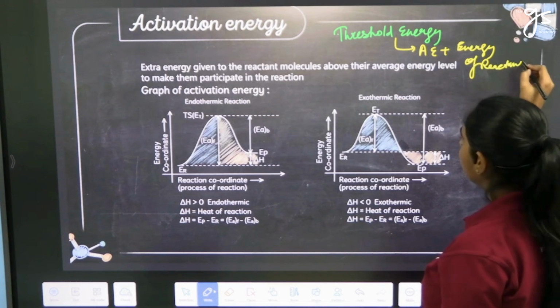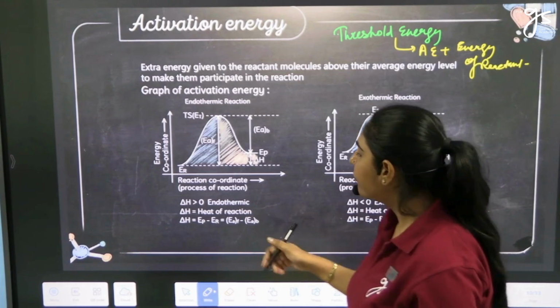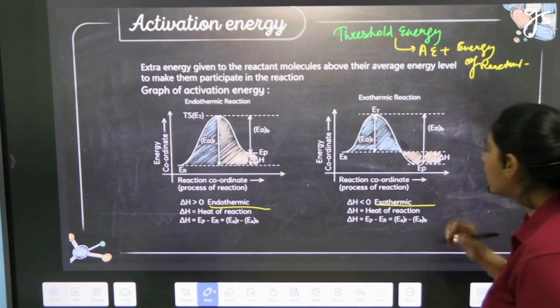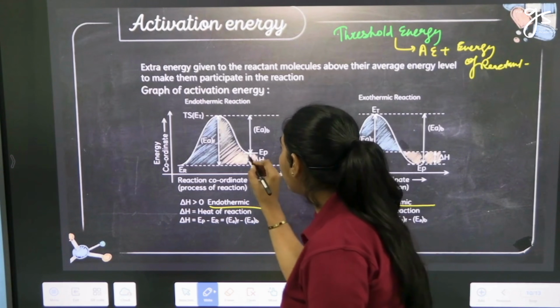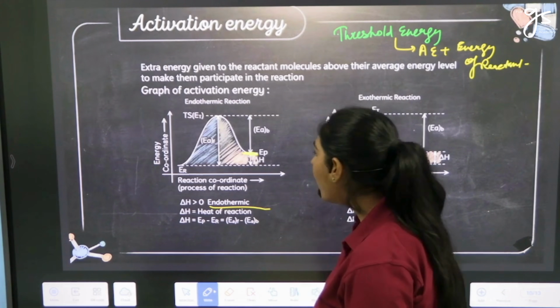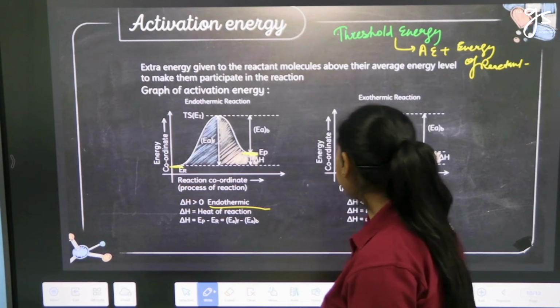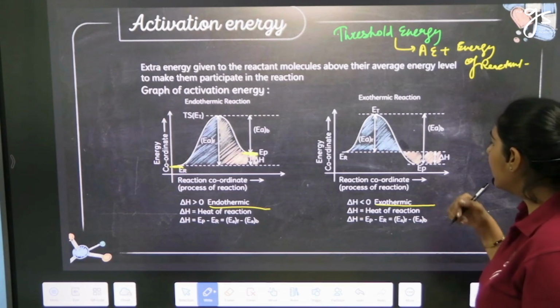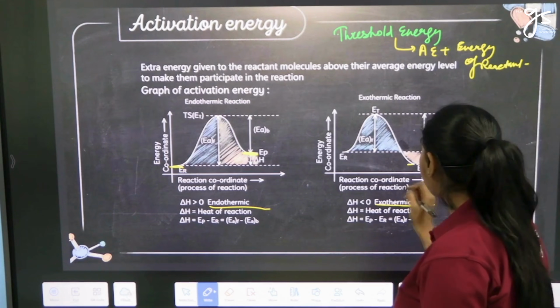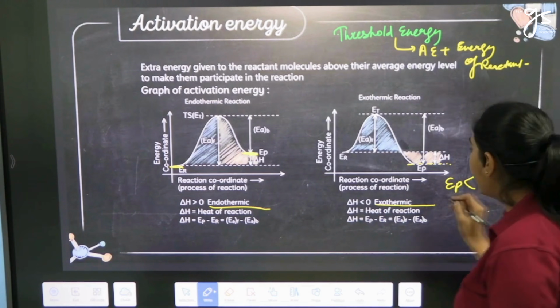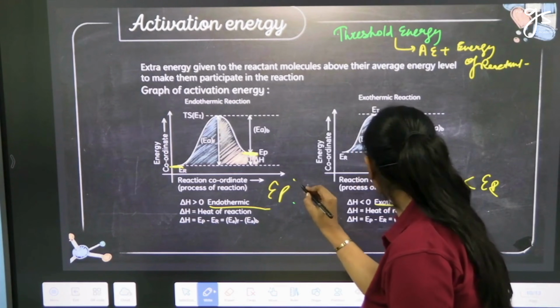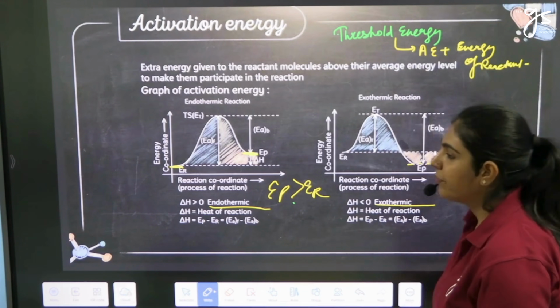These are the two different graphs for the endothermic as well as exothermic. In the endothermic, you can say that the energy of the product is more comparatively to the reactant. But in the case of exothermic, the energy of product is less. Ep is less than Er, and in this case, Ep is more than Er.